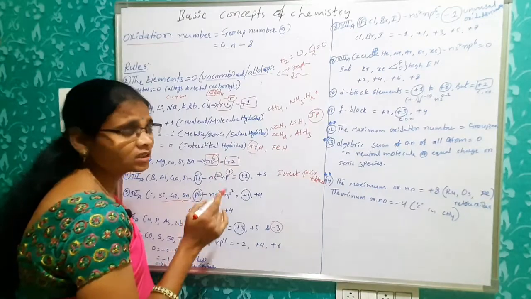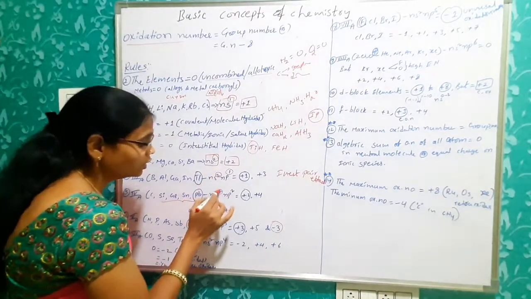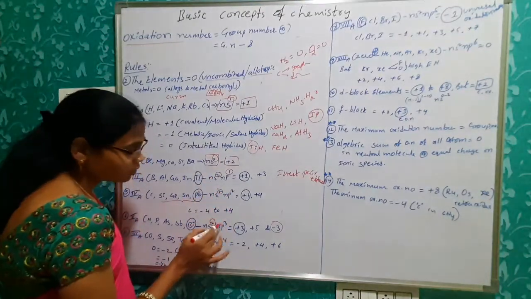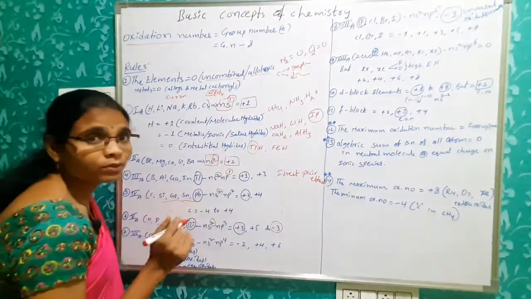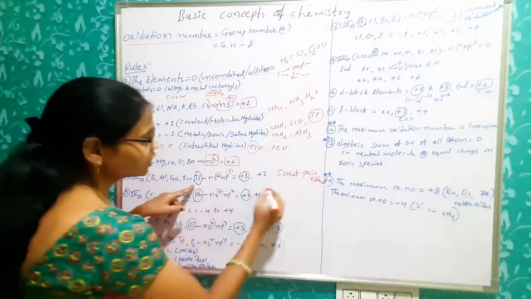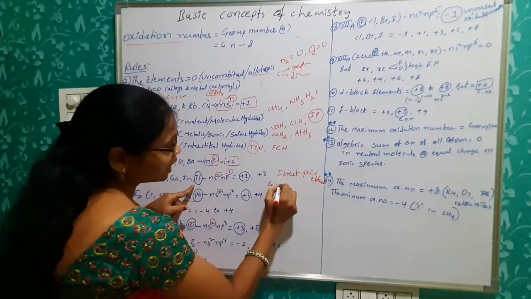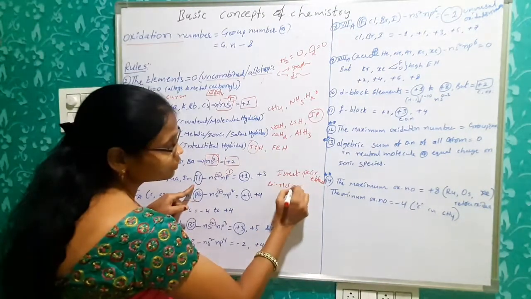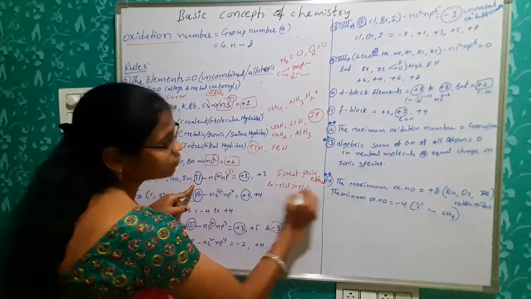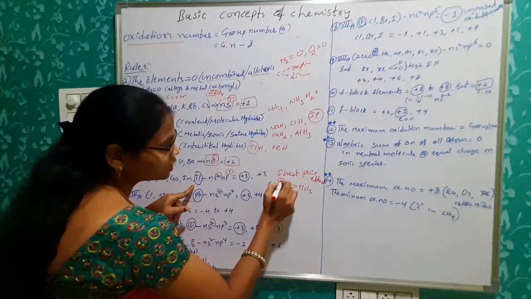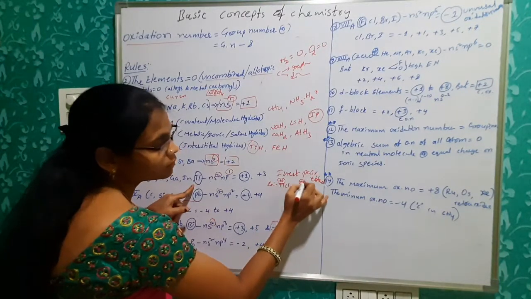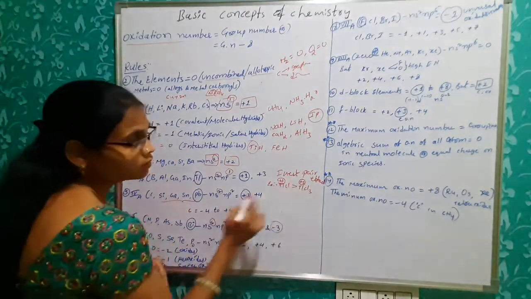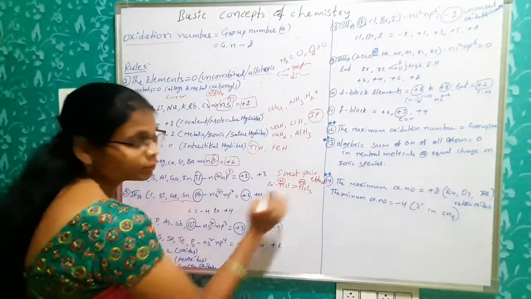The outermost s electrons are not involved in chemical bonding. That's why they show a lower oxidation number as the stable oxidation number. For example, thallium chloride is more stable than thallium trichloride, because +1 is more stable than +3 due to the inert pair effect.